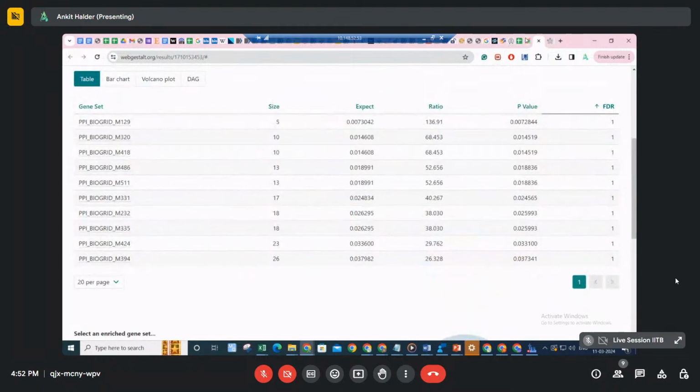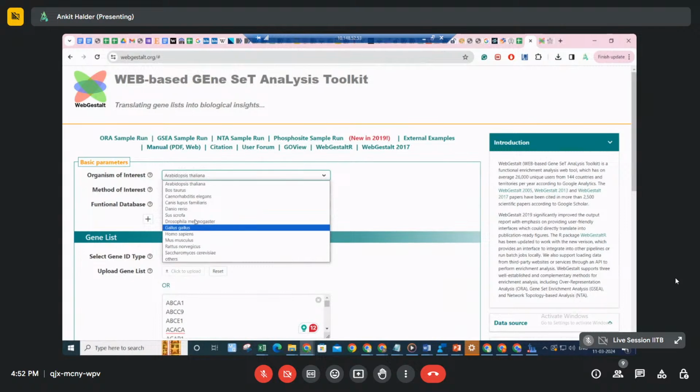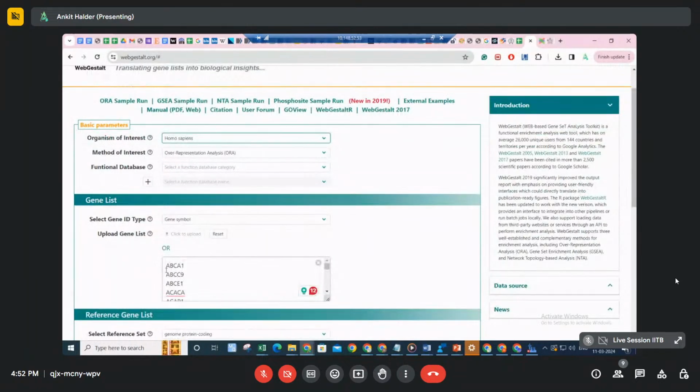So what we will do is go here and change your organism of interest, which we will do with Homo sapiens. These are the genes which you can get through your mass spec based experiments and your different high throughput techniques, which are showing differential expression in your disease condition, and you are now trying to find out how they are clustering over a network and what the association between them is.